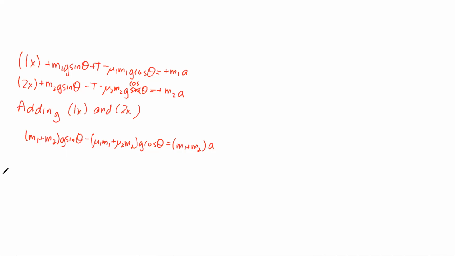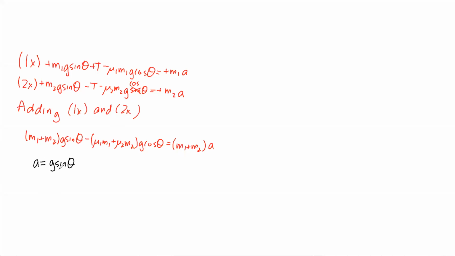which is striking. We get a equals, let's see, acceleration. Okay, now let's write the final value of the acceleration. Perfect. So we got a. Now, the m1 plus m2 will cancel with this term, and so we're going to get g sine theta.